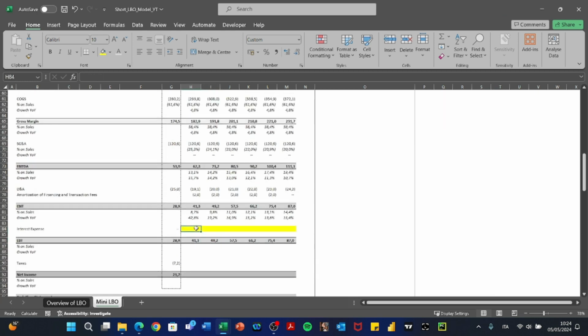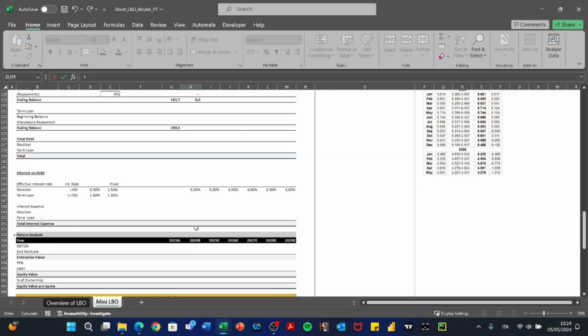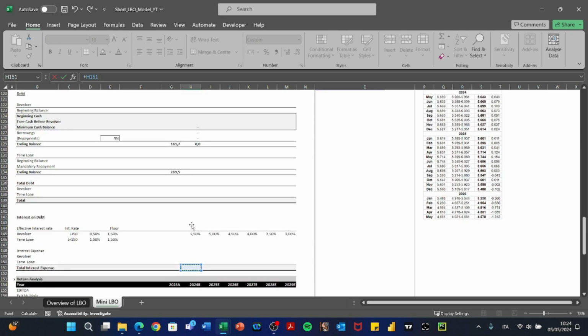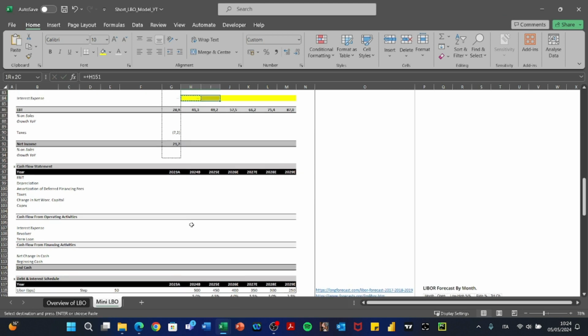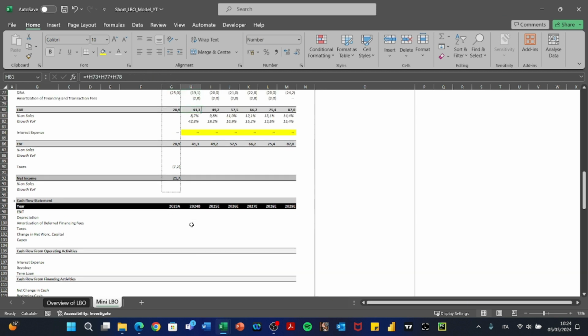Maybe I can just link our interest to the interest expenses. Okay, we have now our EBT, which stands for earnings before taxes.